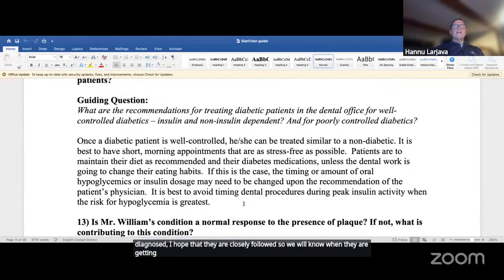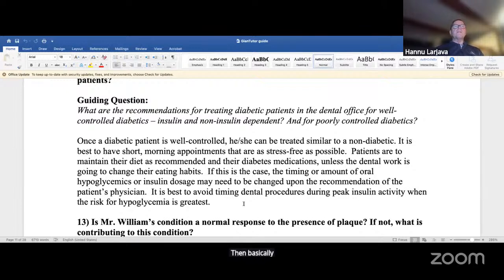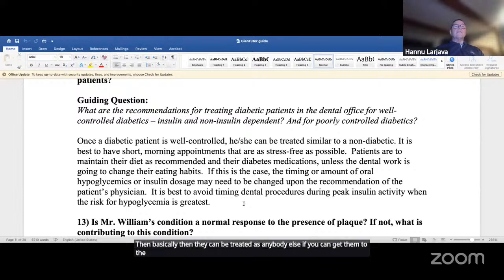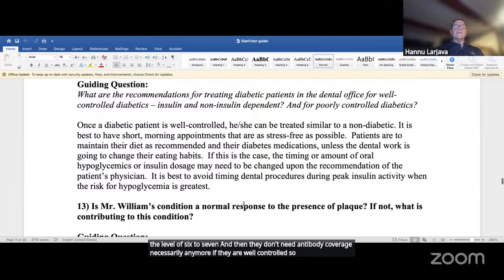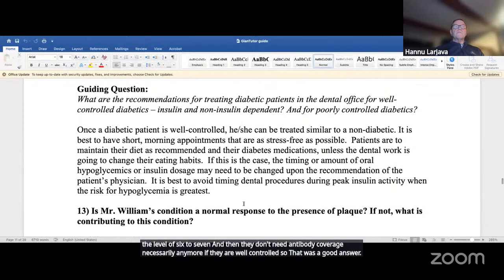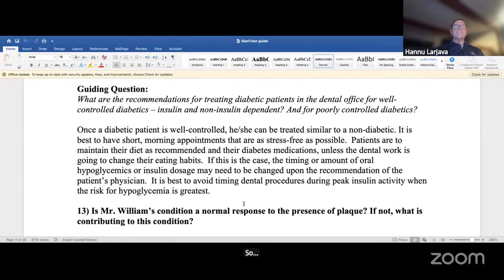If they get to the normal range, basically they can be treated as anybody else, if we can get them to the level of 6 to 7. And then they don't necessarily need antibiotic coverage anymore if they are well controlled. So that was a good answer. So, the next question.